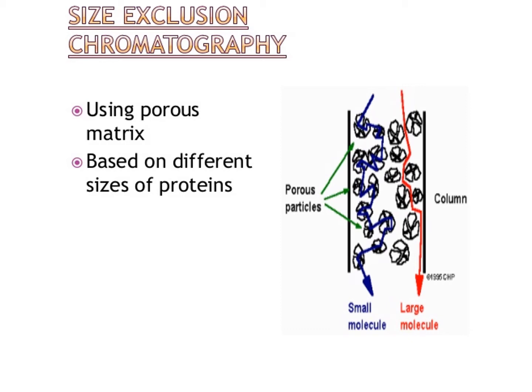So let's start with size exclusion chromatography, liquid chromatography. Right away, it's keying in on protein size and exclusion. That means things are prevented from going into an area. You're excluded from going into an area, like there's a fence or electrical fence.